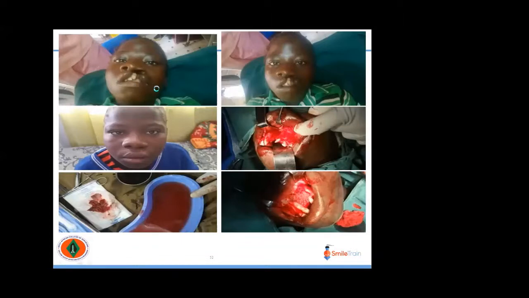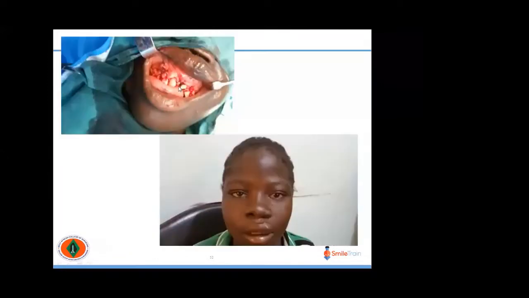The cleft lip was done, then she came back for bone grafting. This is the alveolar cleft, and it has already been packed with bone here. This is the bone that we harvested from the iliac crest area for the repair of the bone cleft. And this was the patient immediately post-operative. And this is her 1 week after the surgery.